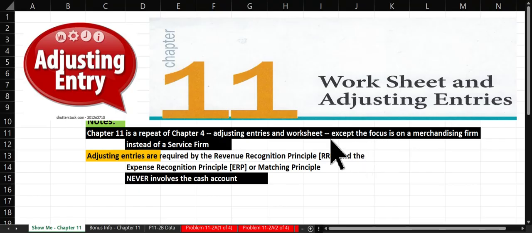One of those rules is called the revenue recognition principle. And without being too technical, it says in essence that the revenue reported in a given period should be only the revenue earned in that particular period.